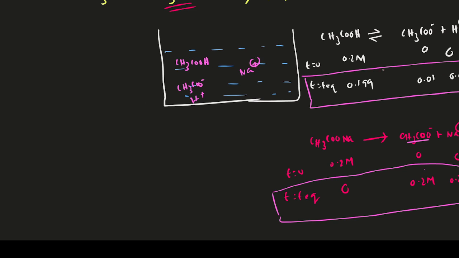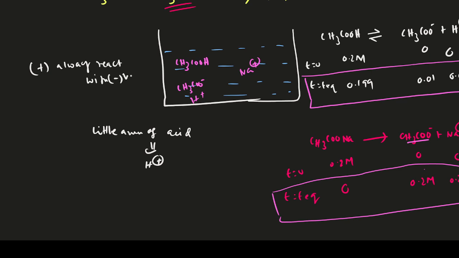Okay, now what I'm doing is adding a little amount of acid, that is H plus. If I add a little amount of H plus, then it will react. See, positive cations always react with negative anions.